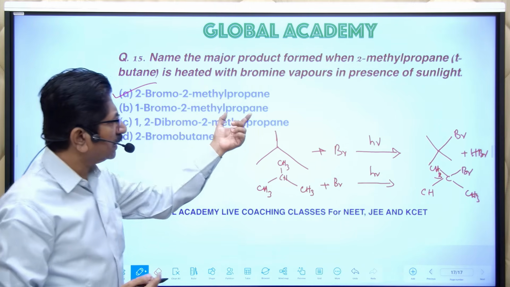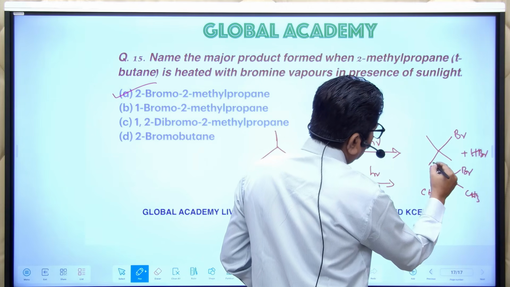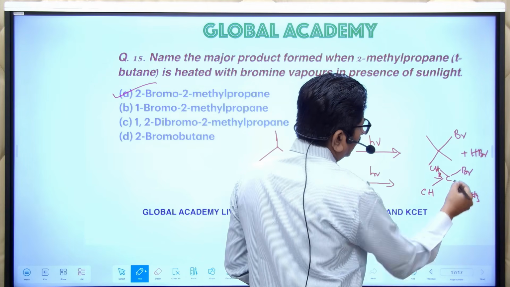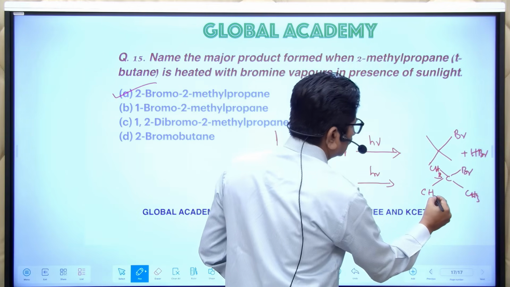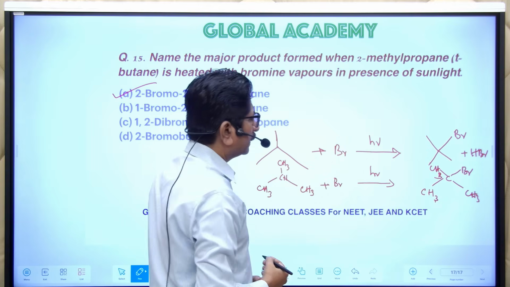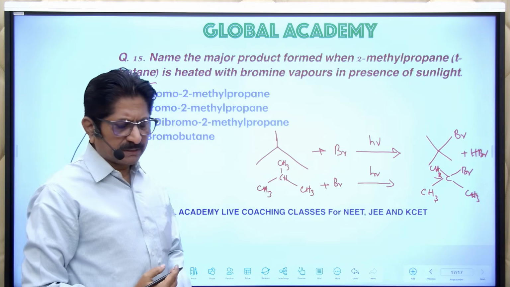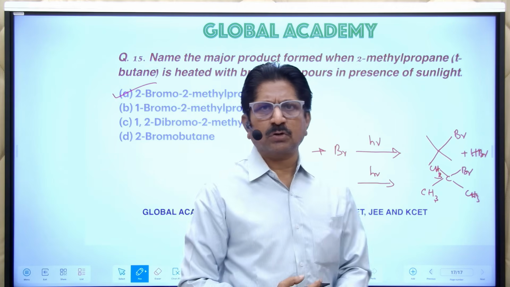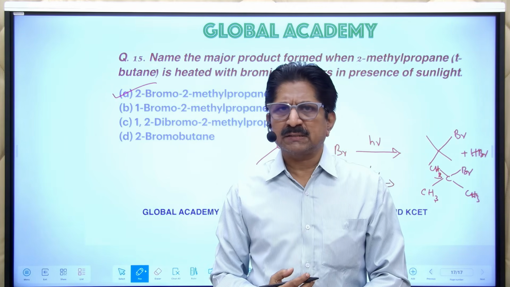Here we can give the numbering 1, 2, 3 from any side, and these are CH3 groups. So these are a few important questions of Karnataka CET on haloalkanes and haloarenes.